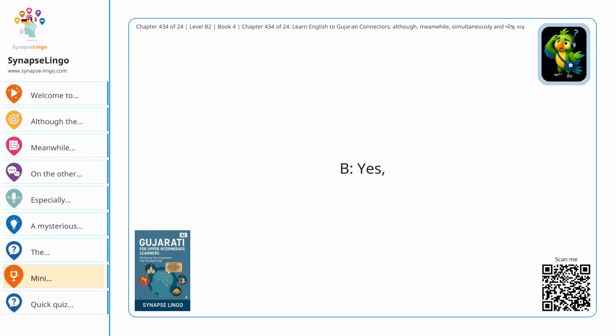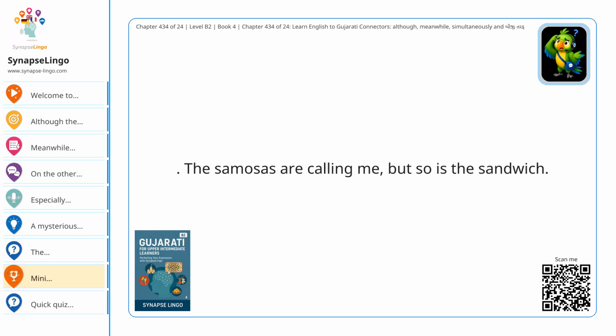B: Yes, simultaneously. A: The cheap plan is tempting. B: On the other hand, the faster plan saves time. A: Why did you stay? B: Especially since the storm had started. A: Why are you still staring at the menu? B: I am indecisive. The samosas are calling me, but so is the sandwich.